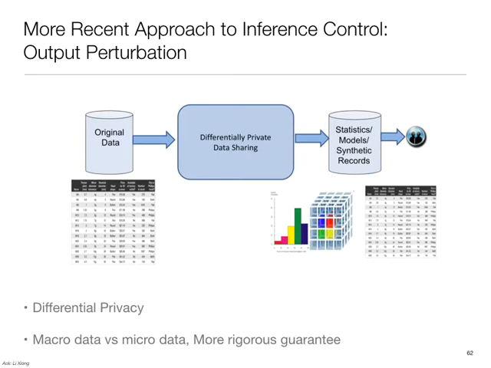The other approach is output perturbation, and the idea here is that I will have the original data. There are a couple of ways you can imagine this. Let's say this original data set is sitting with this collector, and let's say, for the sake of argument, that the individuals trust that collector.